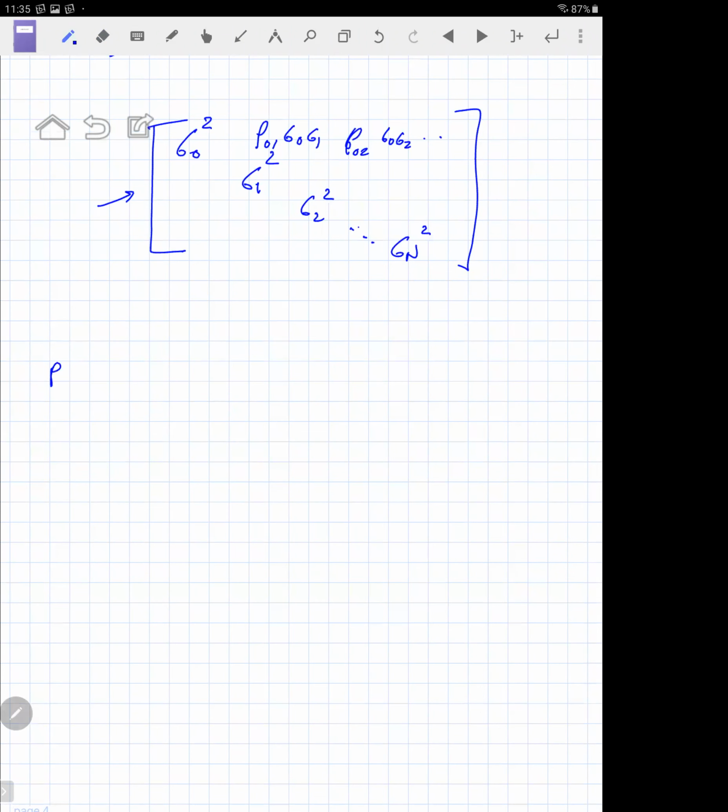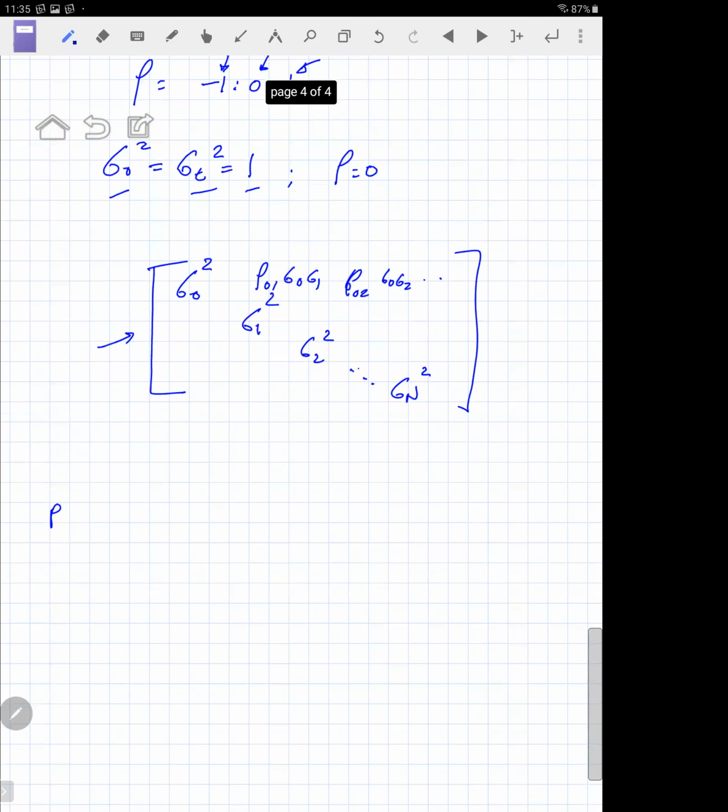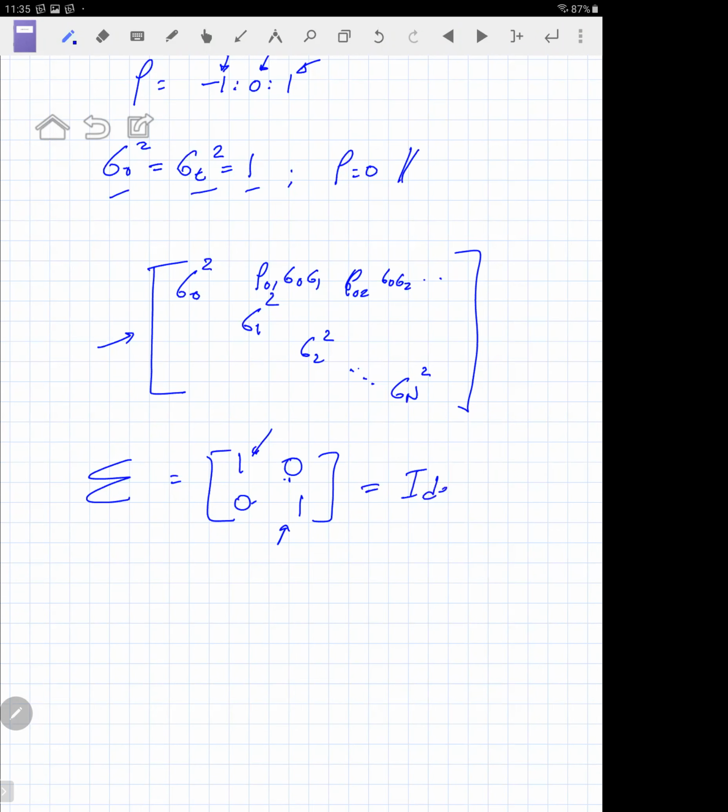By the way, one more thing, with this assumption our covariance matrix becomes 1 0 0 1, right? You have your individual variances equal to unity and the covariances being 0. So this is called an identity matrix.